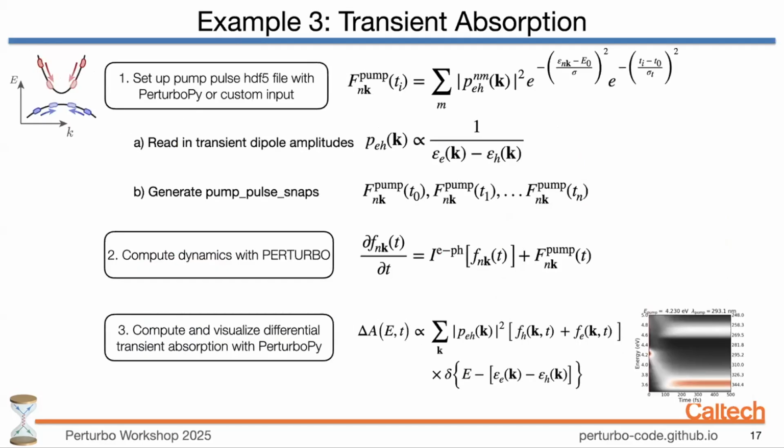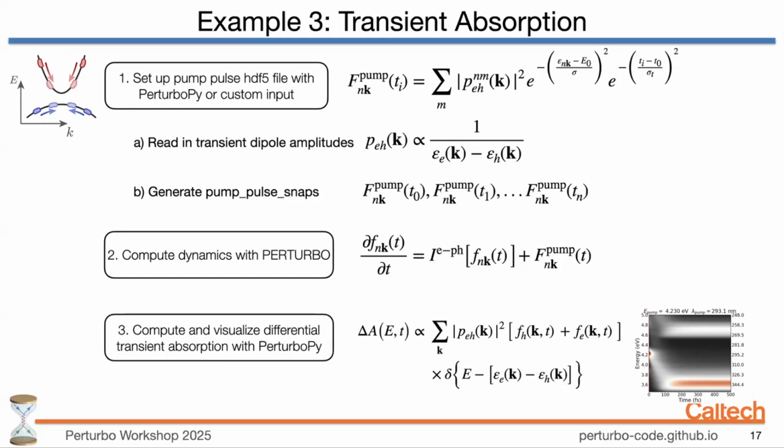So the workflow will look like this for transient absorption. Essentially, instead of a given Fermi-Dirac or Gaussian pulse, you'll set up your own pulse HDF5 file with Perturbo-Pi or a custom input that's of the same format. And this pump in Perturbo-Pi will be proportional to the P, which is the transient dipole amplitude that you can compute from other software, and then it's a Gaussian in time, as well as a Gaussian in energy.